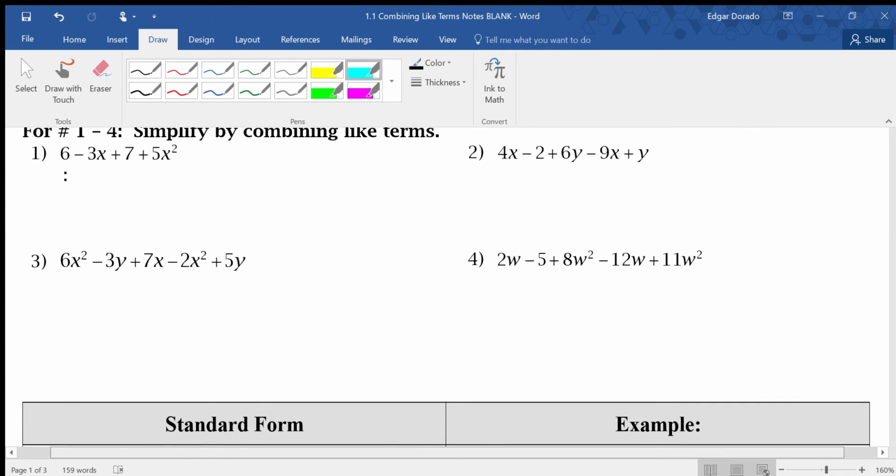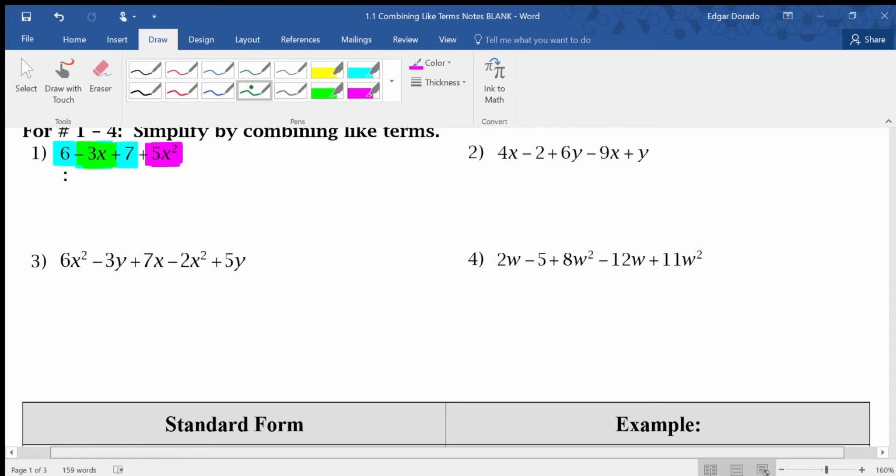All right. So again, let's check for like terms. The only thing that I see similar here are constants. Everything else is different. This has, whoops, sorry about that. This has 1x here, and this has 2 x's there. So we have 2 blue ones, 1 green one, and 1 pink one, or purple.